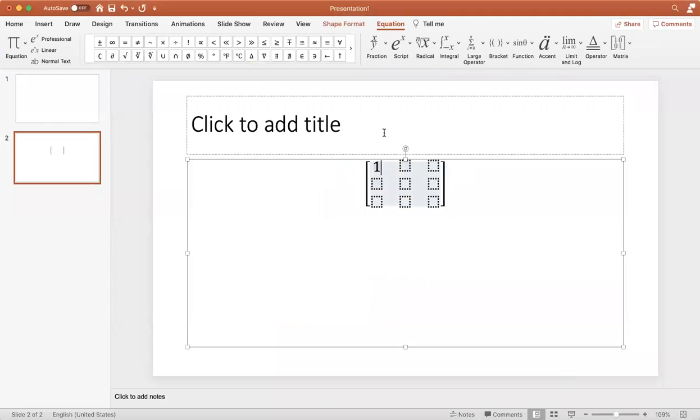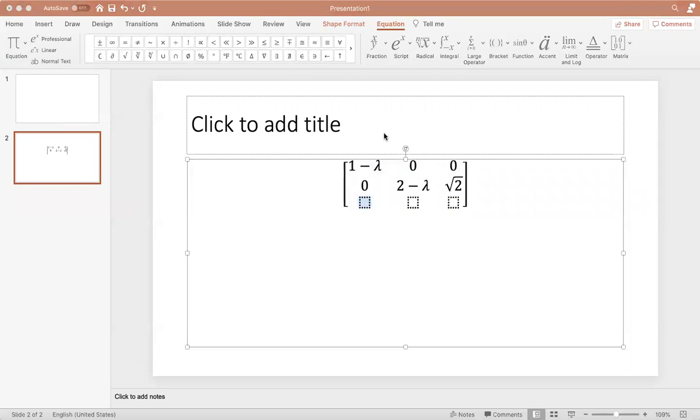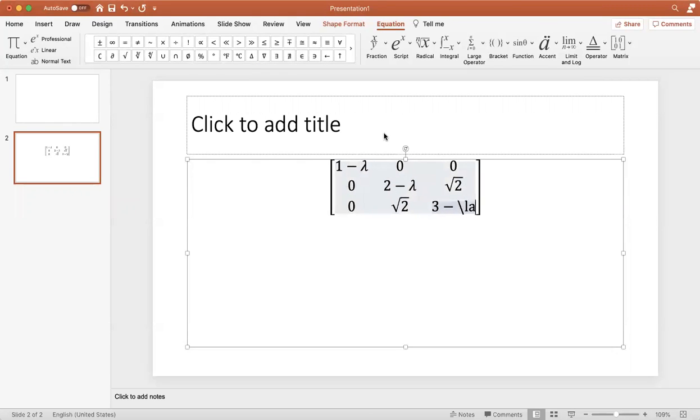So the matrix is 1 minus lambda, 0, 0; 0, 2 minus lambda, square root of 2; 0, square root of 2, and 3 minus lambda.